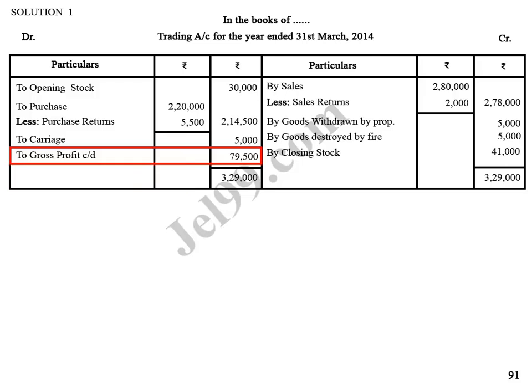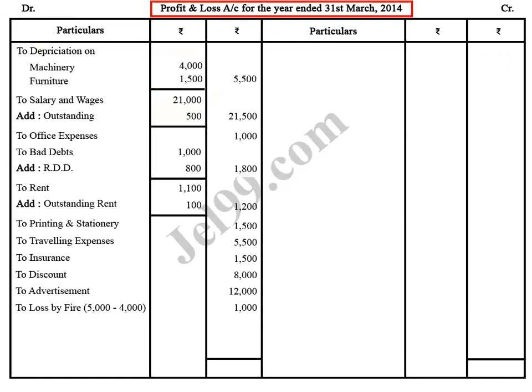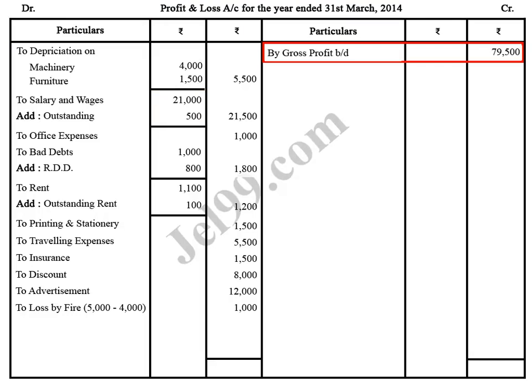Now transfer this amount of gross profit to profit and loss account, credit side, by gross profit brought down ₹79,500. Now close down the profit and loss account. Total amount of credit side is more than debit side of the profit and loss account, ₹79,500.